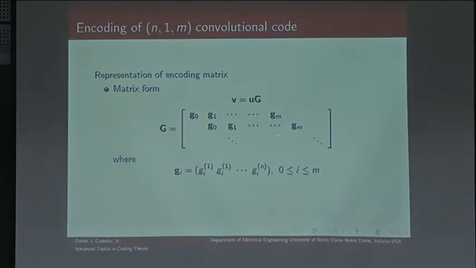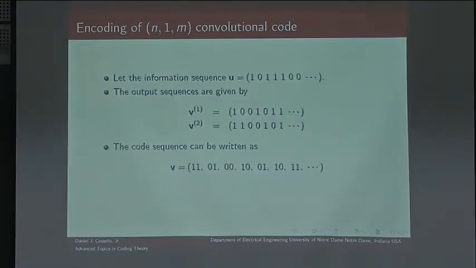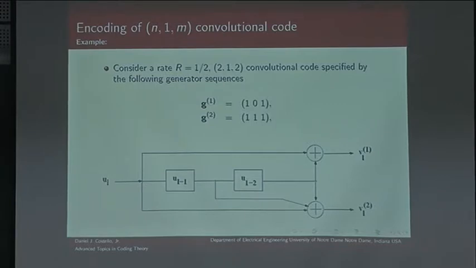So the way the generator matrix looks is, now these are not the generator sequences. The notation is a little trickier, a little messier with convolutional codes, because you have to remember time, which you don't have to do in block codes.